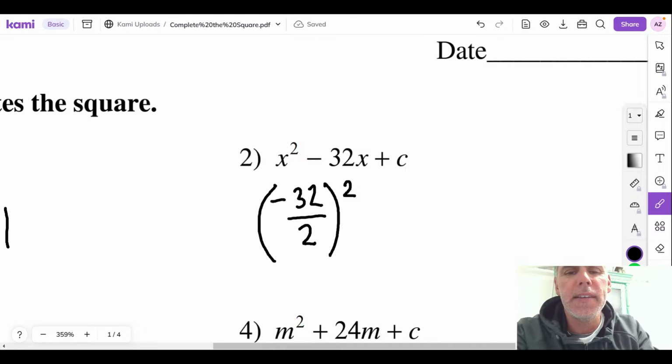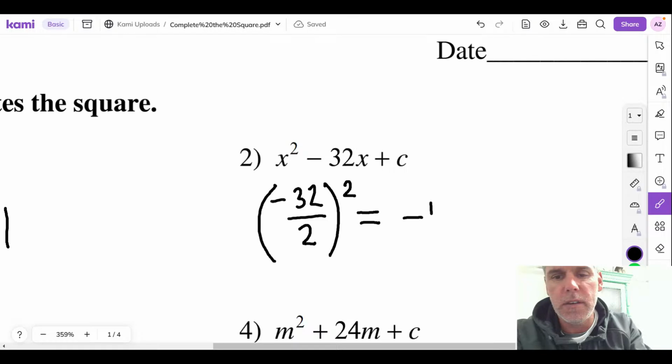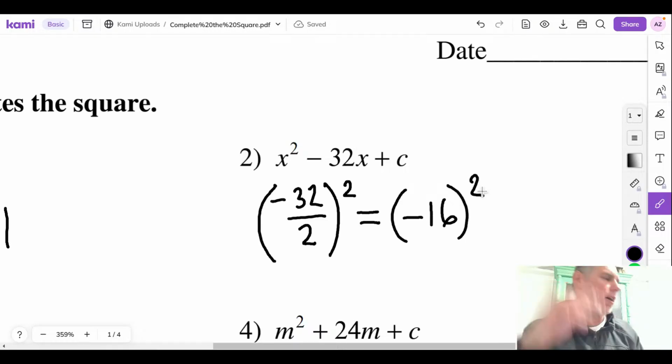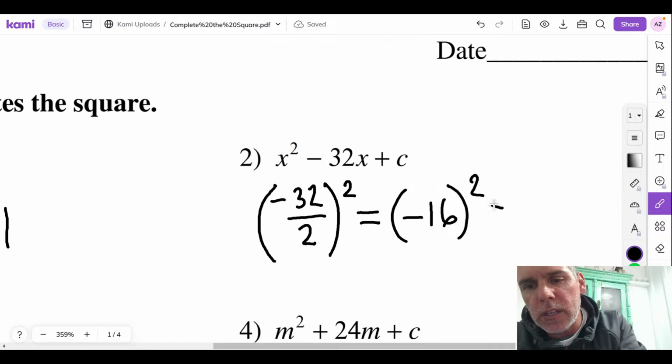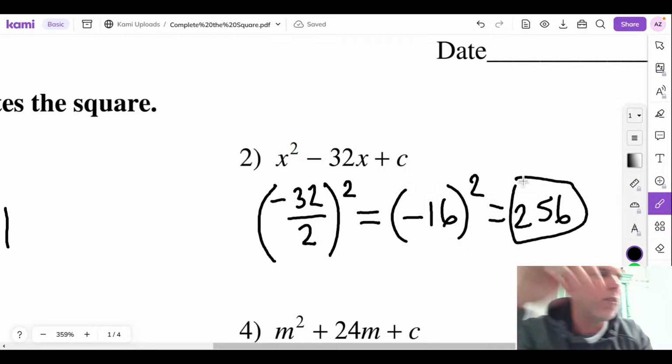Negative 32 divided by 2 is negative 16. And negative 16 squared, is that 216? 16 times 16 is 256. I can't remember which one. So that's 256. And that's really simple.